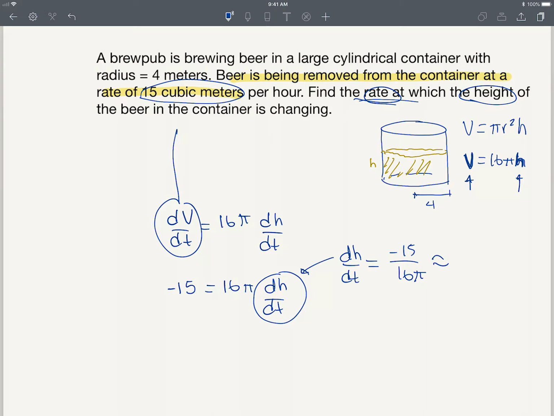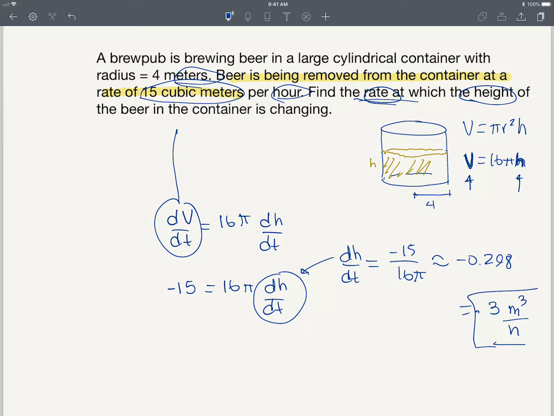You put that in your calculator, and you get something like negative 0.298. The question said to round, so it's negative 0.3 meters per hour, because that's the units: this was in meters and there was hours.